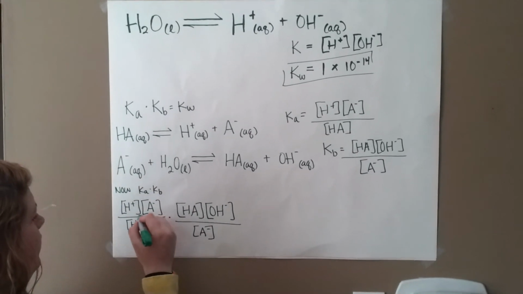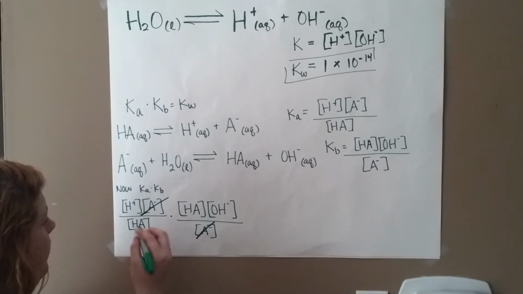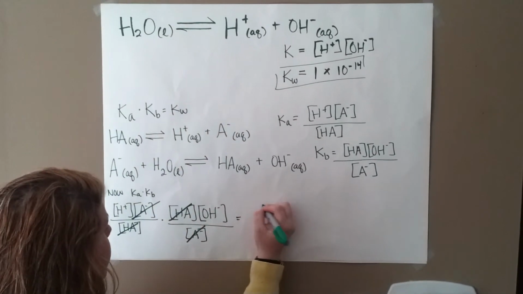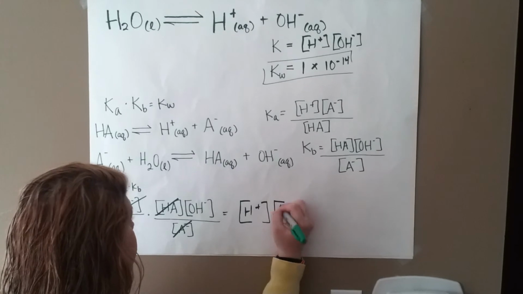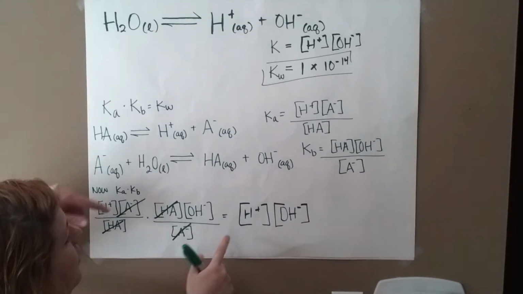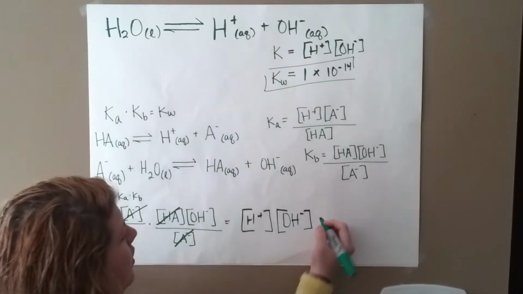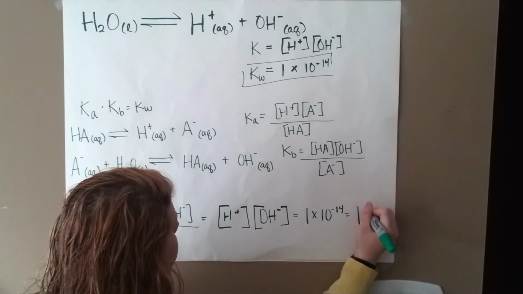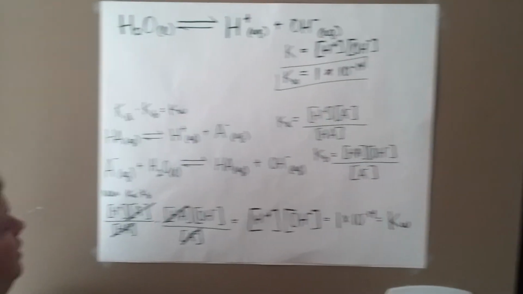Your A-minuses cancel out, and your general acids cancel out. Then you're just left with the concentration of H+ times the concentration of OH-. And if you look here, this is the exact same thing as we got for Kw. So there's your derivation of how Ka times Kb equals Kw.